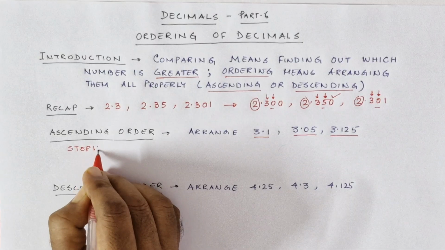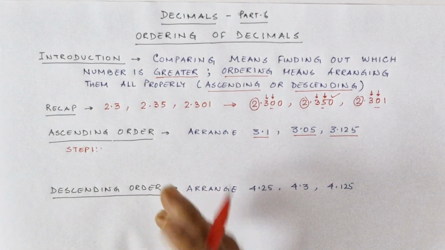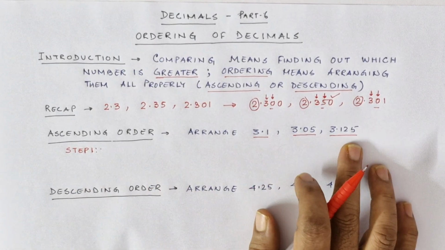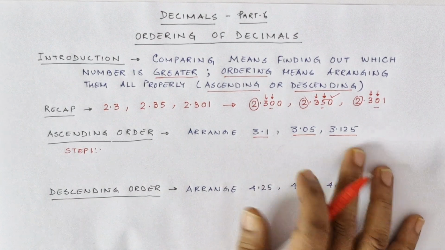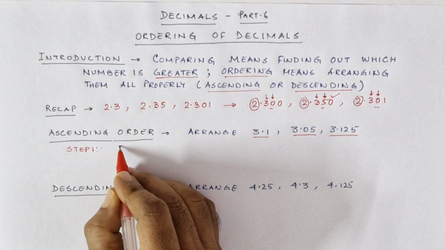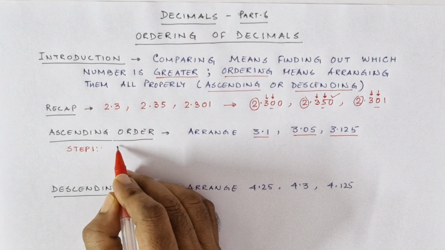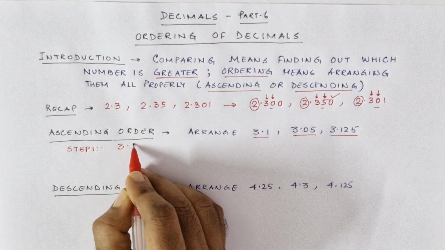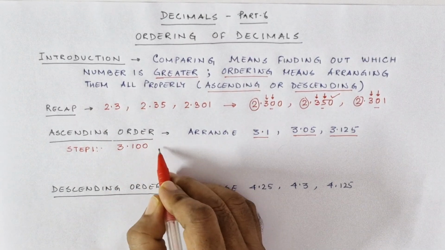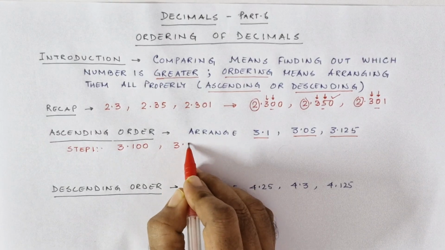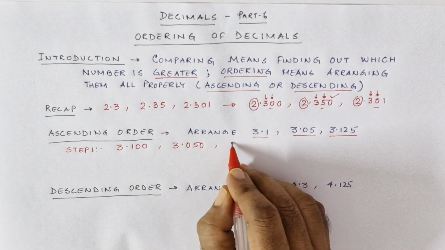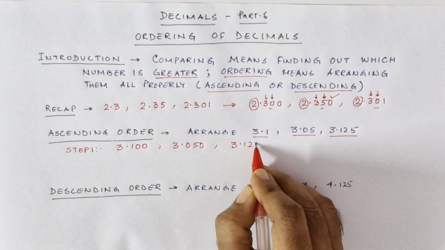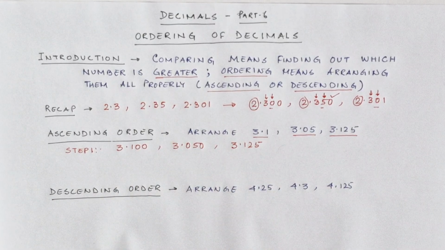Students, please remember, step 1 is always to convert these into like decimals. After conversion it becomes 3.100, 3.050 and 3.125 remains as 3.125.